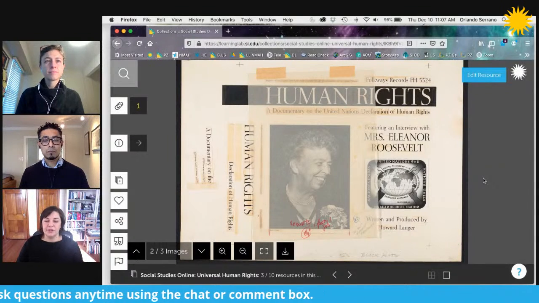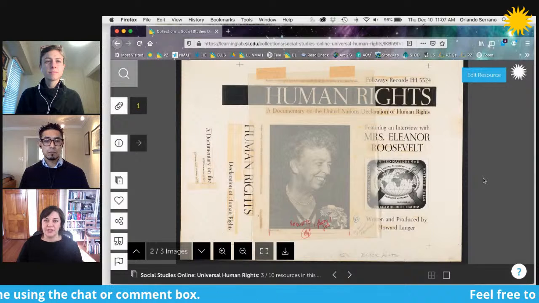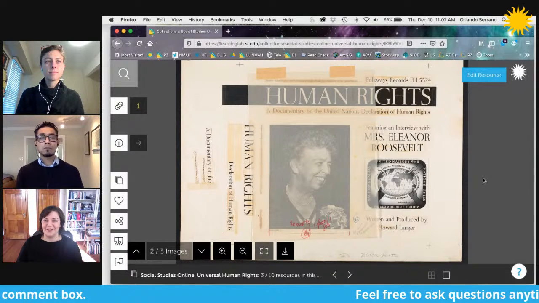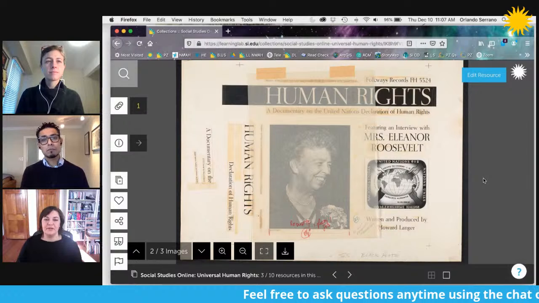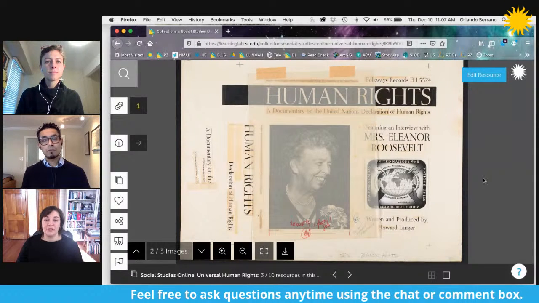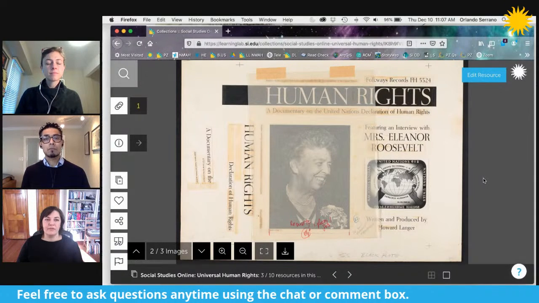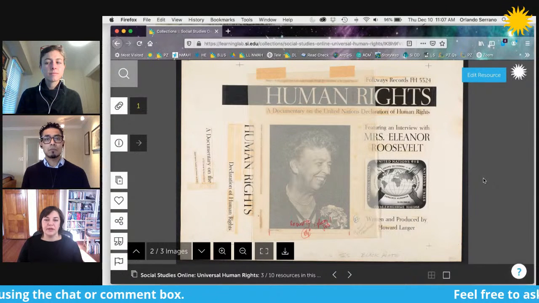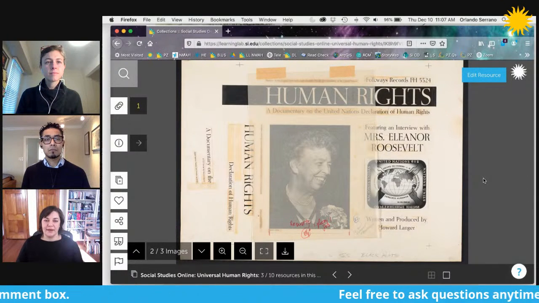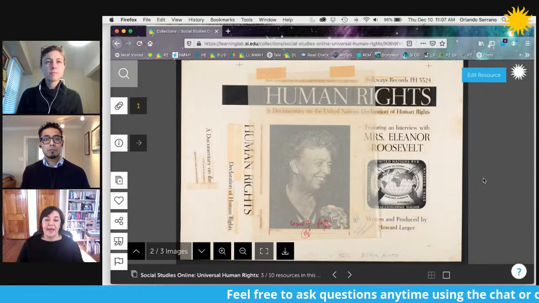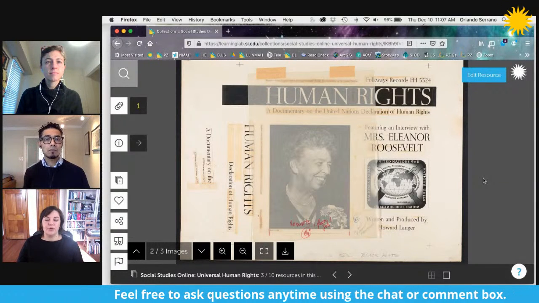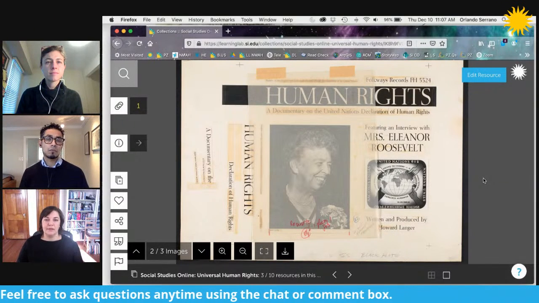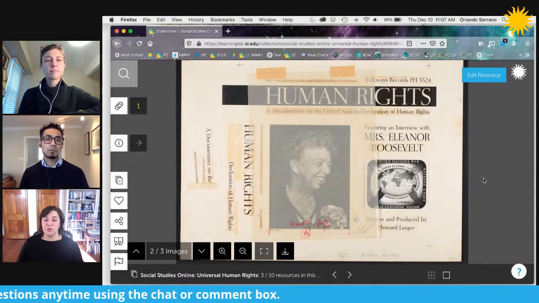It is really important to note, however, that the Universal Declaration is not a legally binding document. It is the foundational document for human rights law, but it was more of a shared set of principles that countries were encouraged to sign on to. And after they did that, there were two main legal covenants that came out, and those were legally binding.